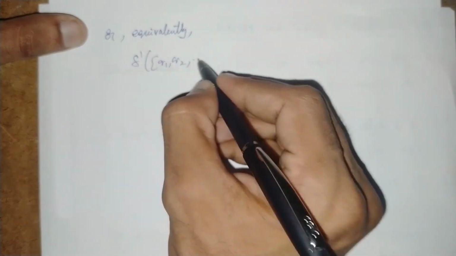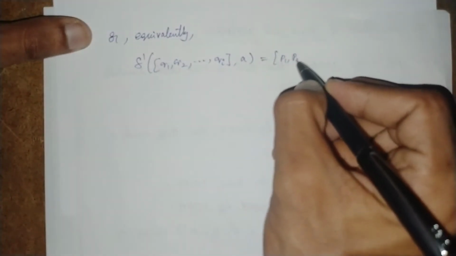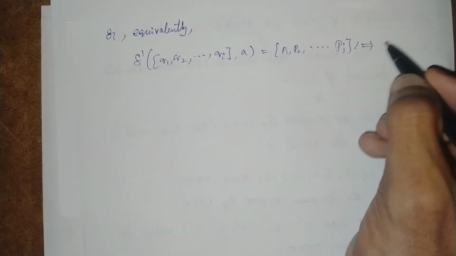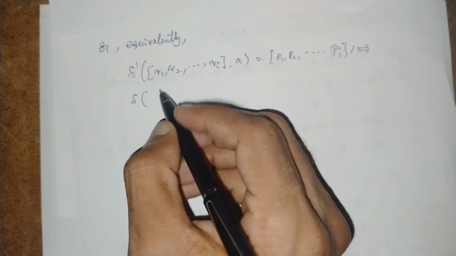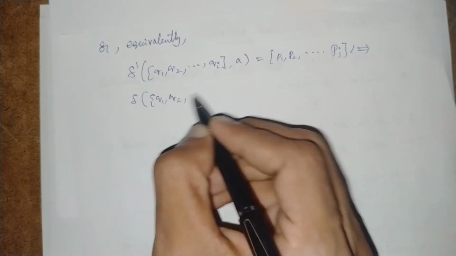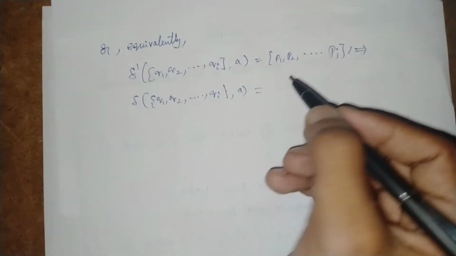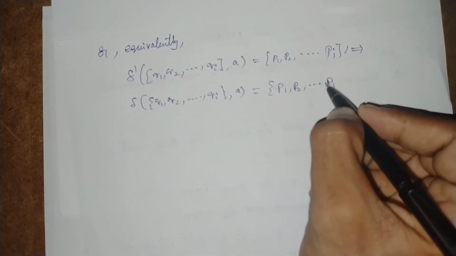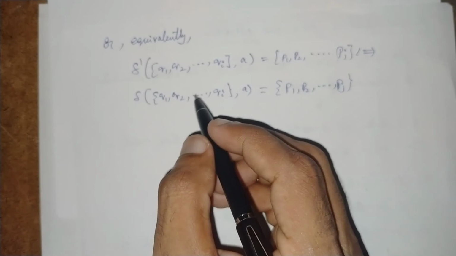Equivalently, delta dash of Q1, Q2 and so on, Qi, and A is equal to the set E1, E2, and so on, Ej, if and only if delta of Q1, Q2, so on, Qi, comma A is equal to the set of E1, E2, and so on, Ej.